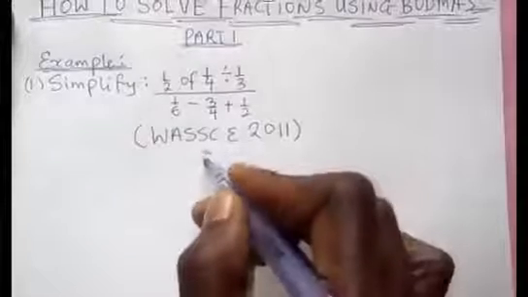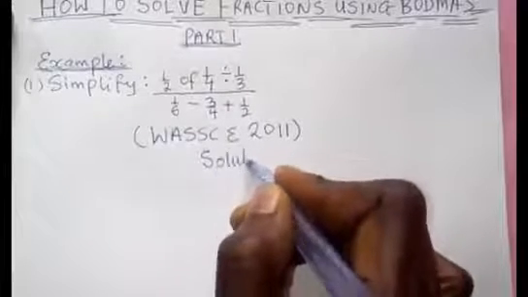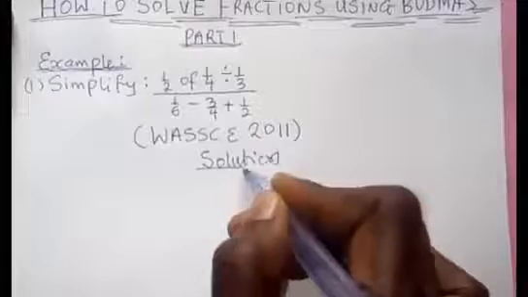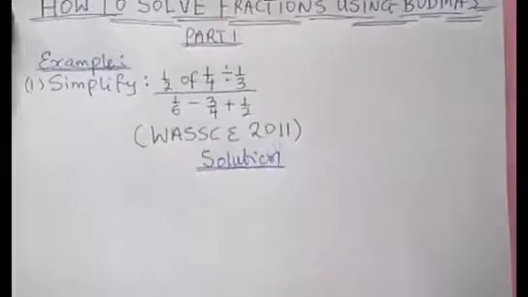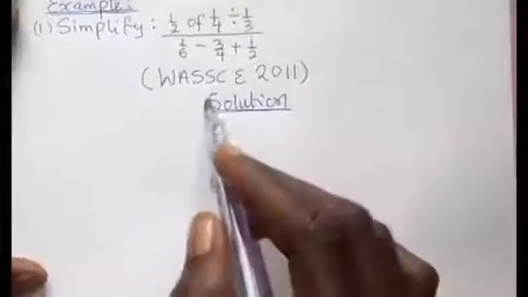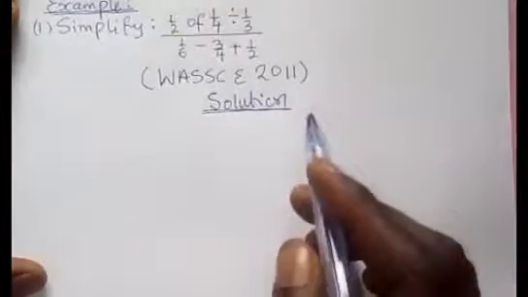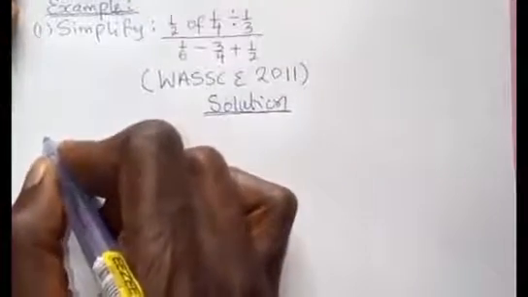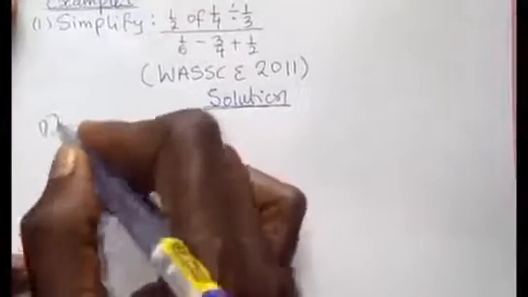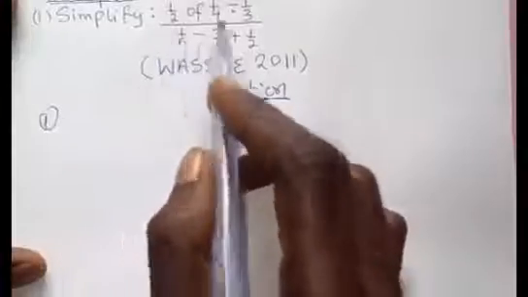Let's start with the solution. I would like to mention that this question is taken from WASSCE 2011, that is West African Senior School Certificate Examination. So to start with, we are going to be looking at how we solve this problem.